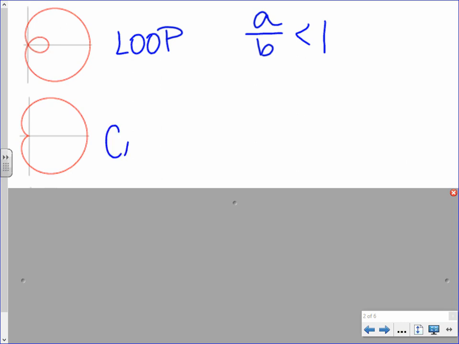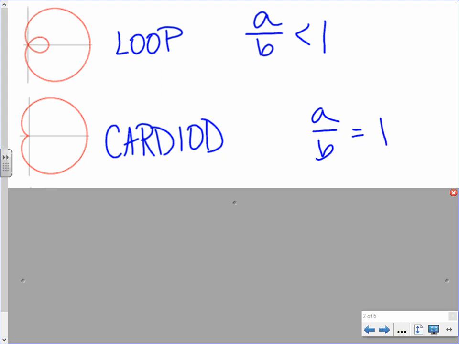This is what we call a cardioid, kind of like how cardiology is the study of hearts. This lovely limaçon happens when A divided by B equals 1. When A and B are the same, we get that heart shape.